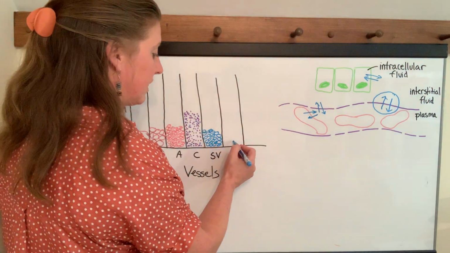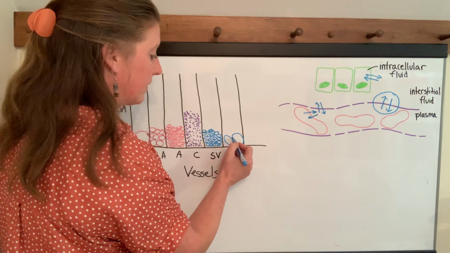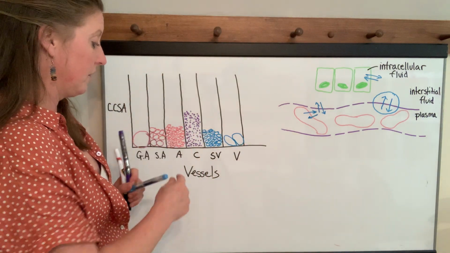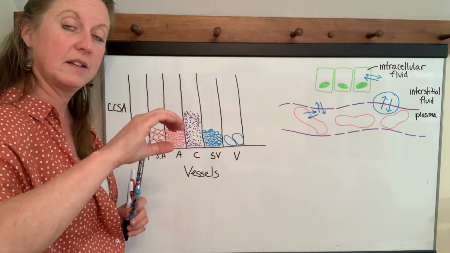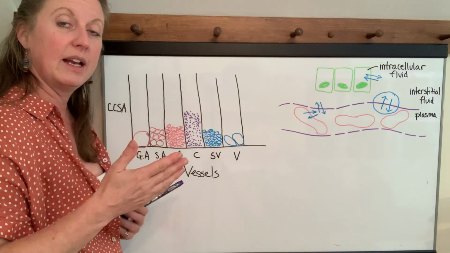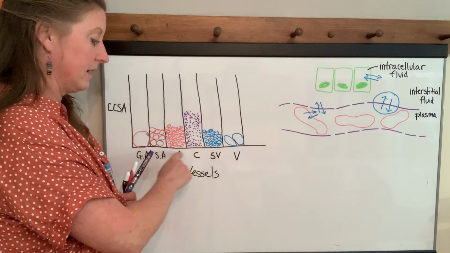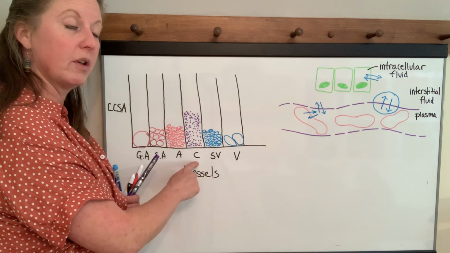And finally with the vena cava, of which there are two, if I put both of those in there, there's even less cross-sectional area. So the cross-sectional area, or the total space that the blood has to go through in any particular vessel, is greatest in the capillaries because there are so many more of them than there are the other vessel types.